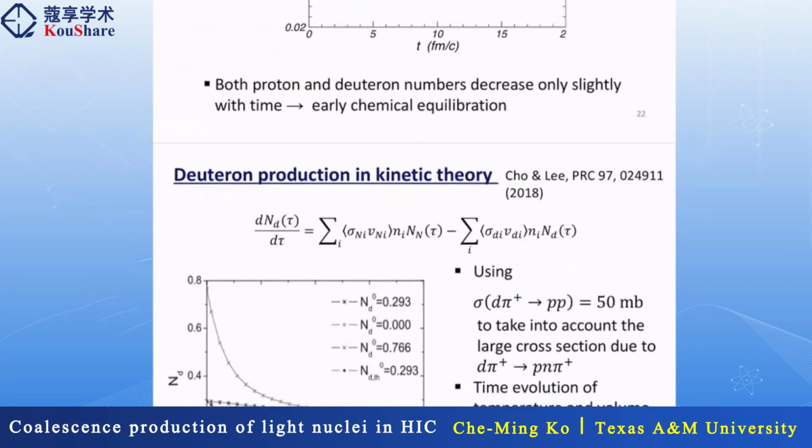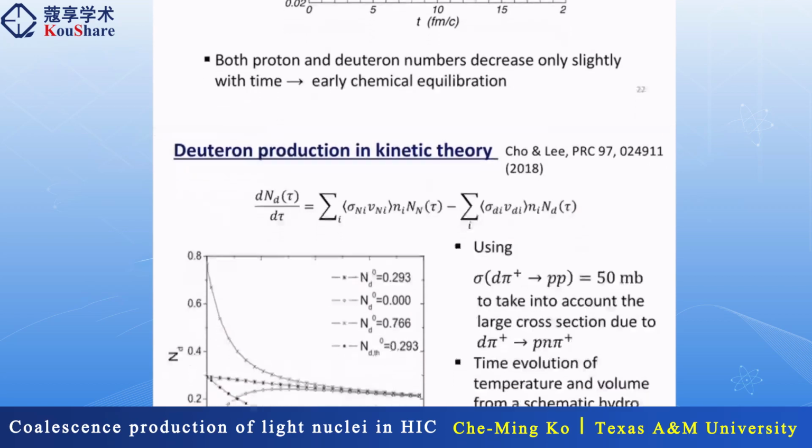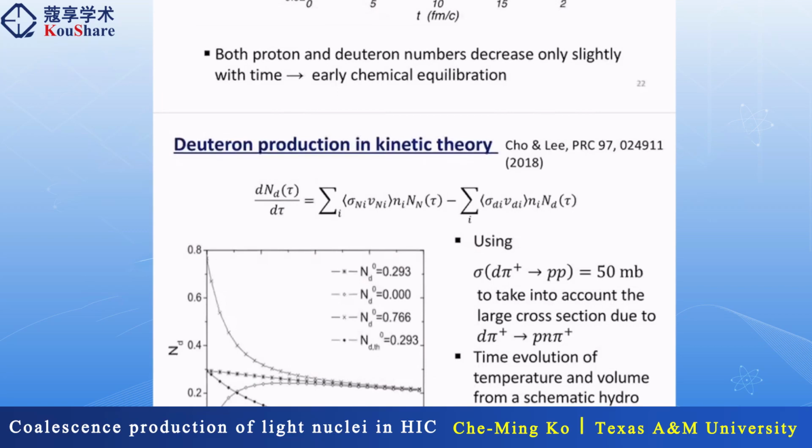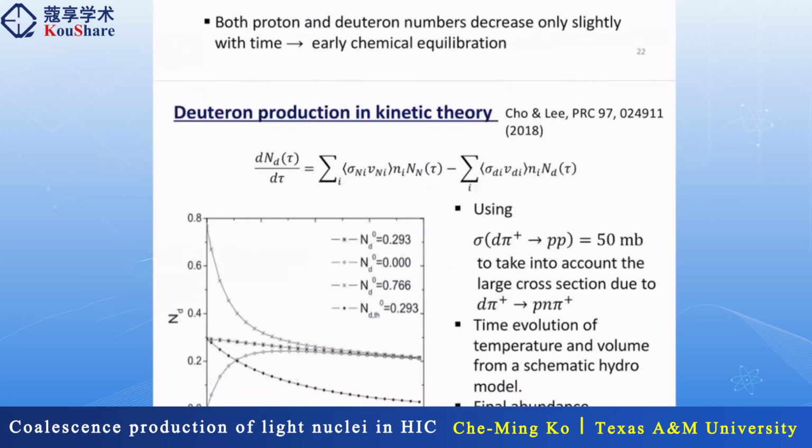And also at the same time, Sung Hee Cho and Su Hong Lee extended the same idea, doing a simple kinetic approach. You have NP to d pi, then the deuteron dissociates into NP. They start with some initial deuteron number, then they evolve it by this kinetic approach, assuming some fireball expansion for the temperature and the volume of the system.